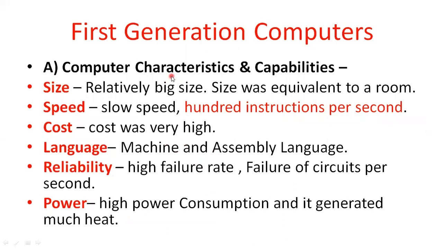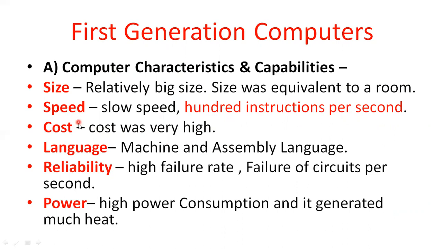These are some of the popular first generation computers. Here are the characteristics of first generation computer. The size: I already told you, it occupies room size, a very big size. Speed: slow, 100 instructions per second, but nowadays millions of instructions per second. The cost was very high.